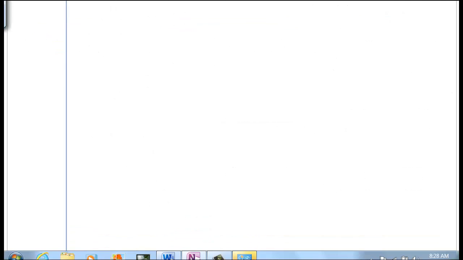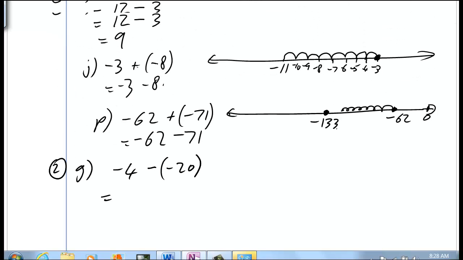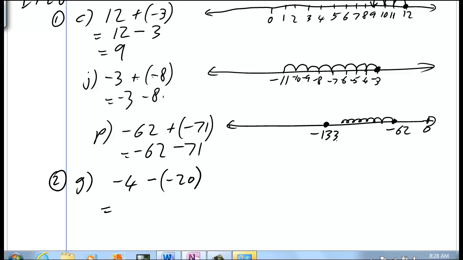Now, let's have a look at number 2. Let's do G. We've got negative 4 take negative 20. Now, remember before, if you had a negative outside the bracket and a positive outside the bracket, negative inside, then you replace the plus and the minus with a minus.